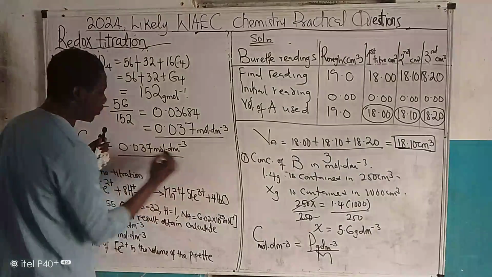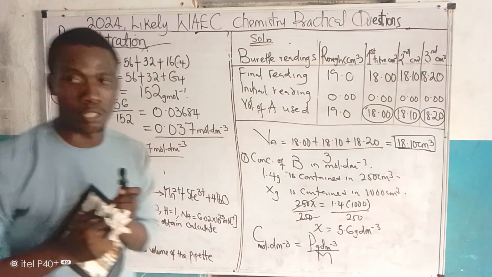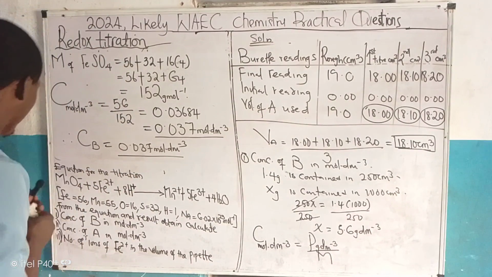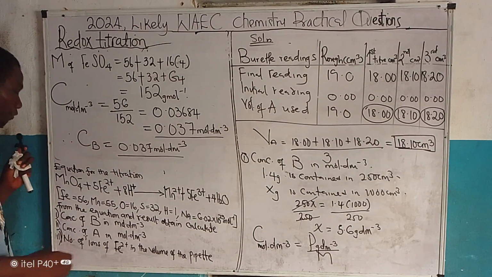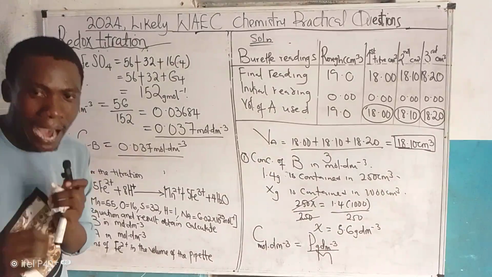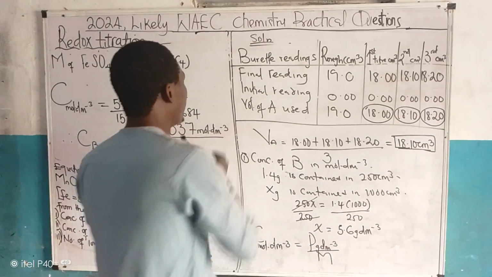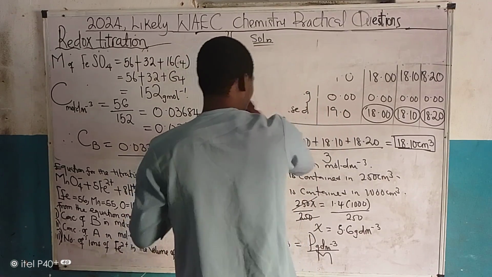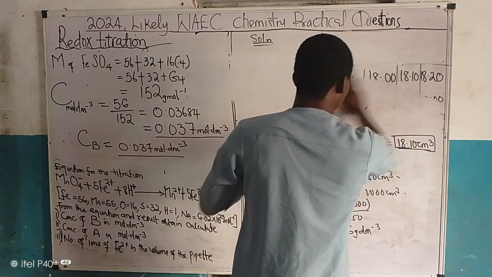Take note of that. We have gotten the concentration of B. Now the next question asks for the concentration of A in mole per dm3. Let's clean this portion of the board to calculate it.